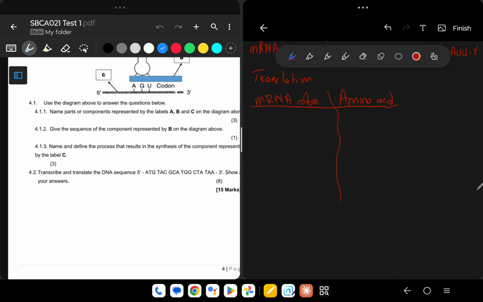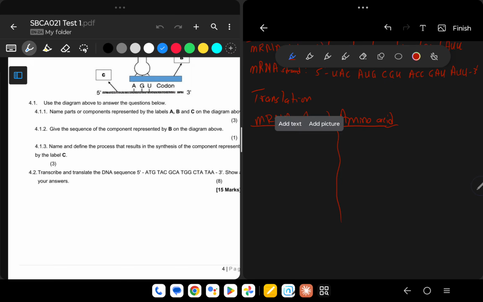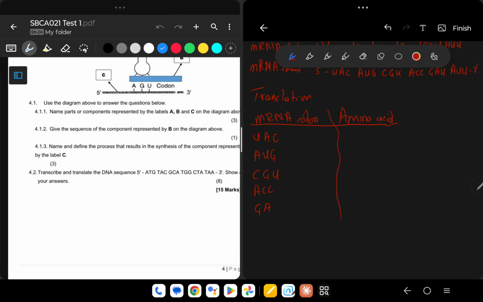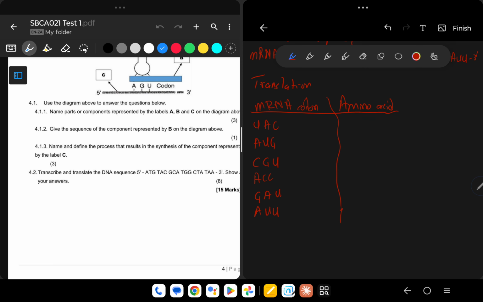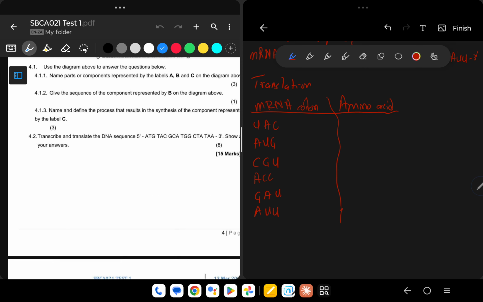So our codons, remember, you have U A C. You have A U G. You have C G U. You have A C C. You have G A U. You have A U U. So what is the corresponding amino acid for each codon that you see here? How are you going to check it? You go to your codon chart.